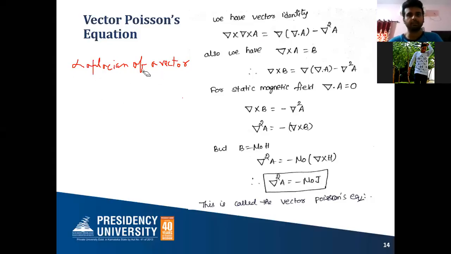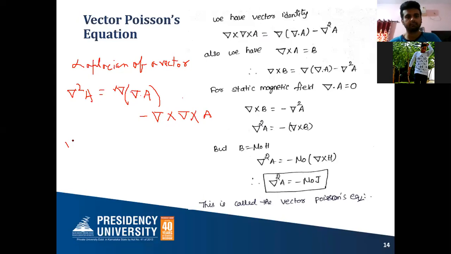So we'll be discussing vector Poisson's equation. Del square A equals del into del dot A minus del cross A. You can substitute del cross A equals B, because we got that from yesterday's equation.